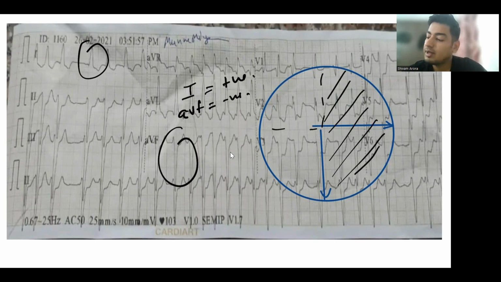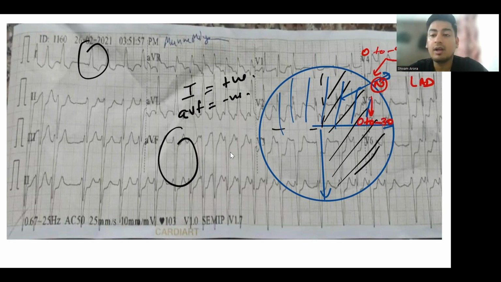Lead AVF is showing a negative QRS, so axis would be in this hemisphere. Overlapped region is this. So axis would be from 0 to minus 90, which can be normal or left axis deviation, depending upon whether axis is between 0 to minus 30 or minus 30 to minus 90.